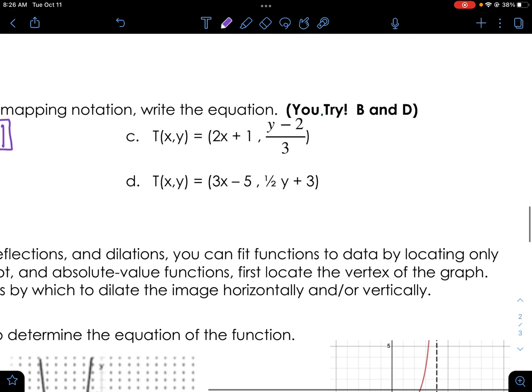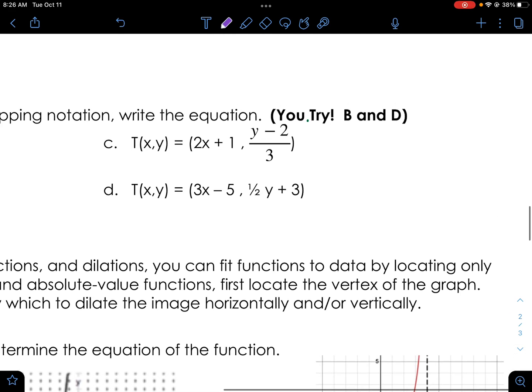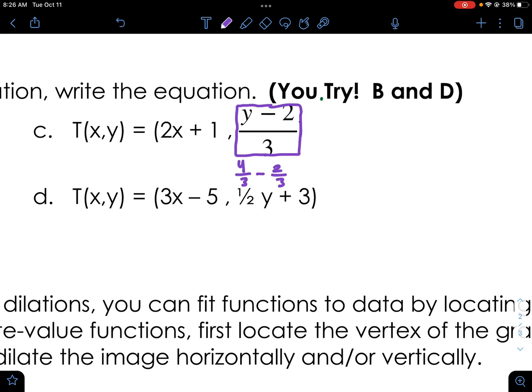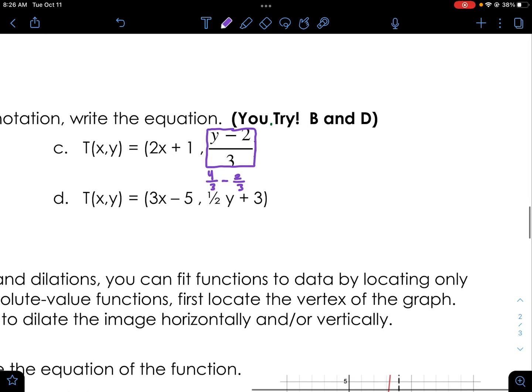If we look at C, again, C here is going to be just a little tricky. If you look at this, y minus 2 divided by 3, you're dividing that whole thing by 3. So what you can really say is this is y divided by 3 minus 2/3. You can break up that fraction. And so when you look at this, you see, okay, my horizontal dilation is 2.